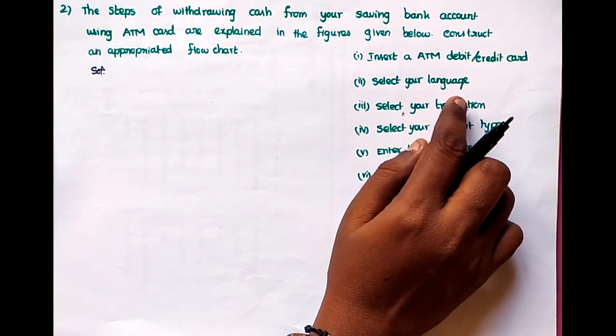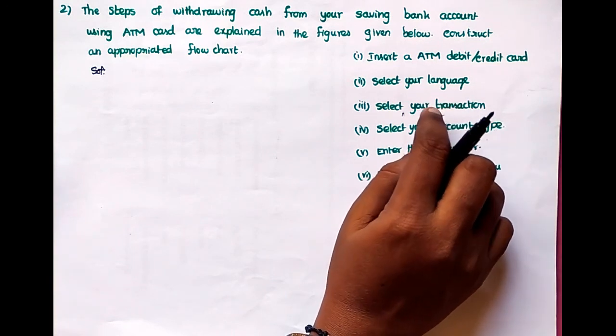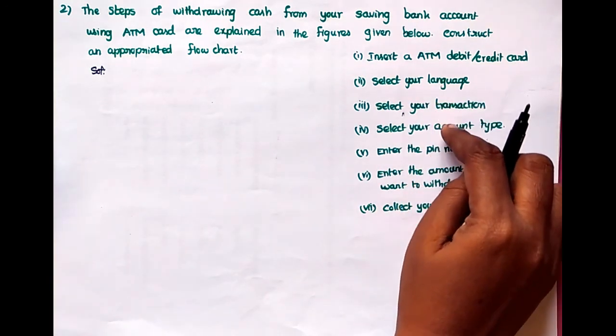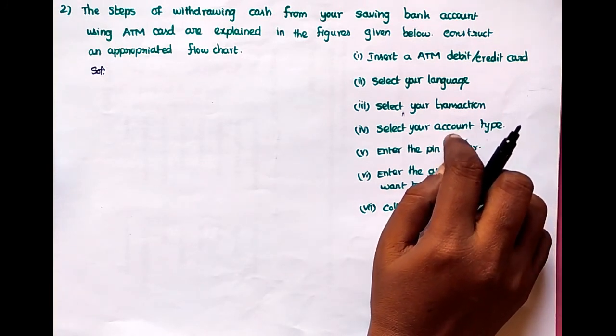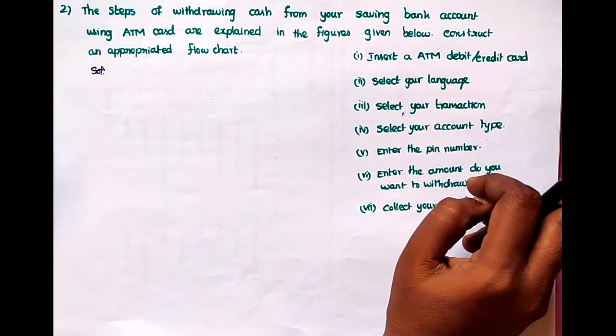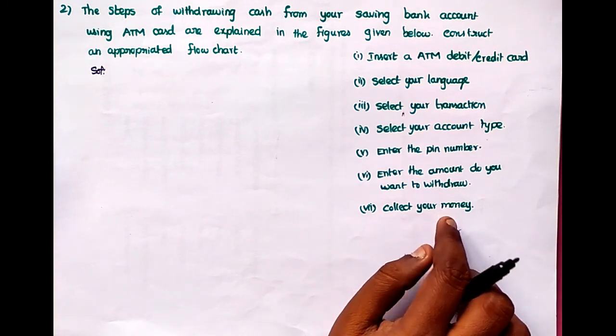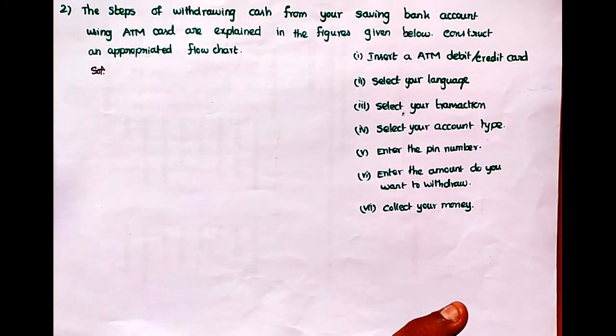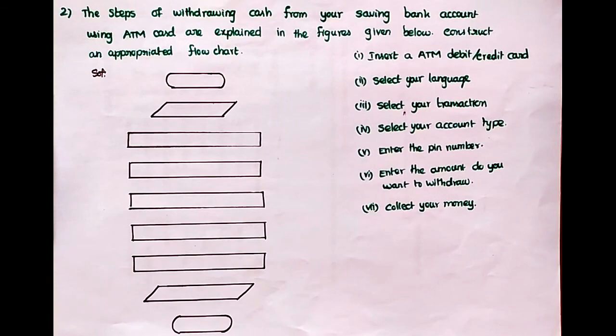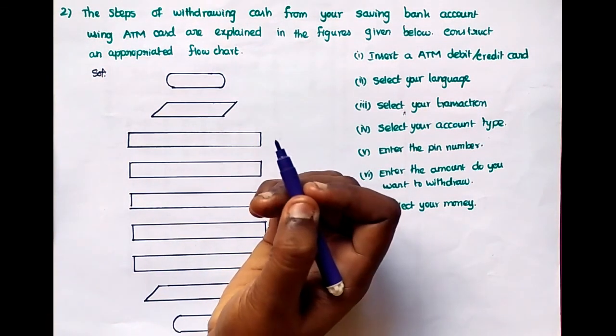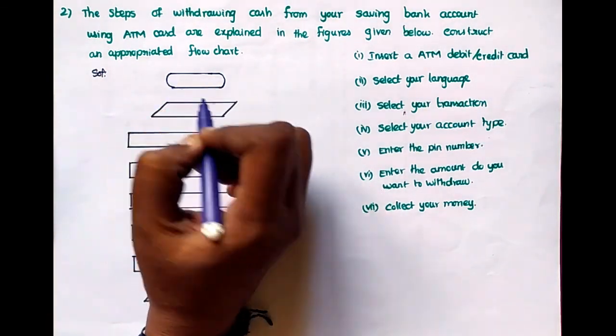It is the normal process. These are the processes, so using the processing symbol. And then collect your money, that is output, and then end. So now draw the flowchart symbols. Draw the flowchart. Now write down the instructions.